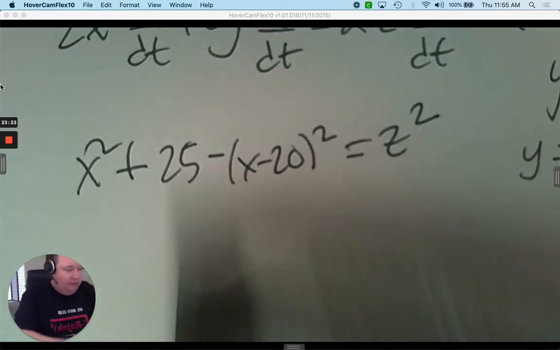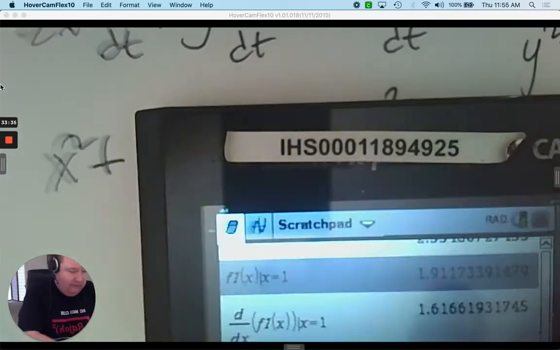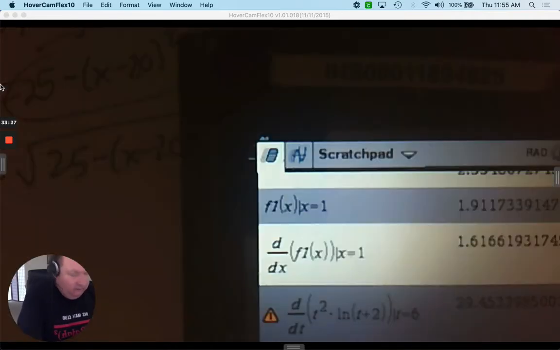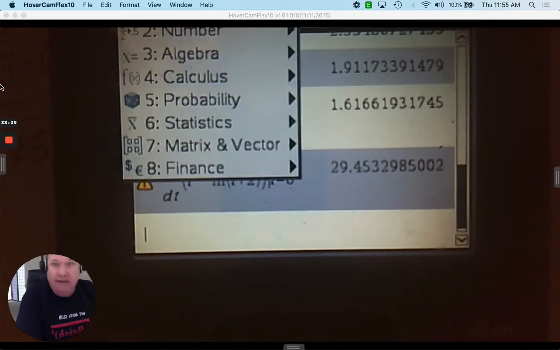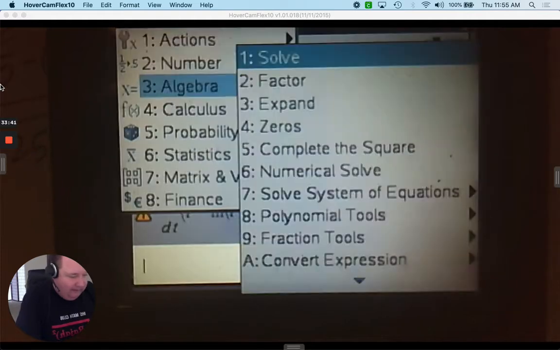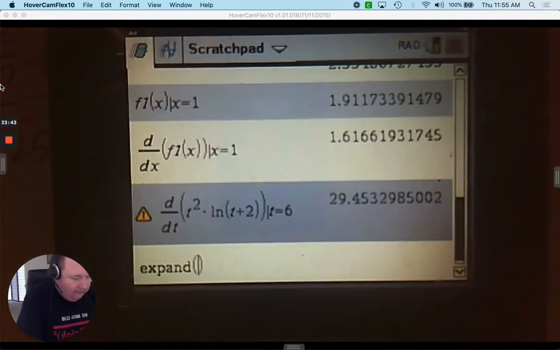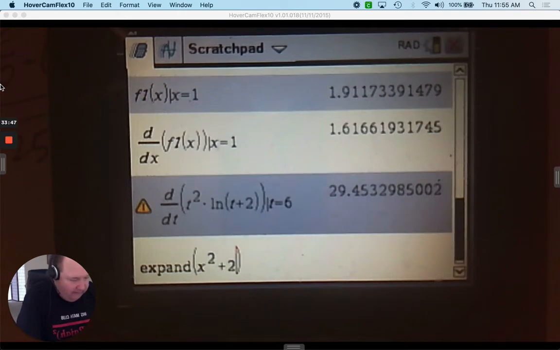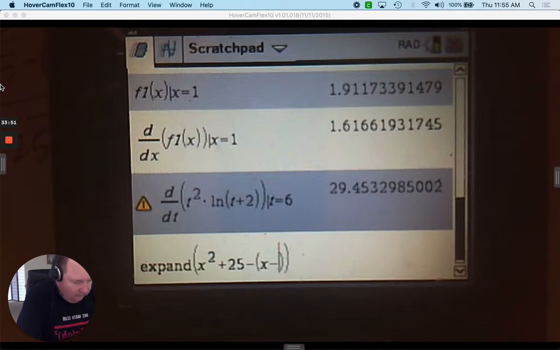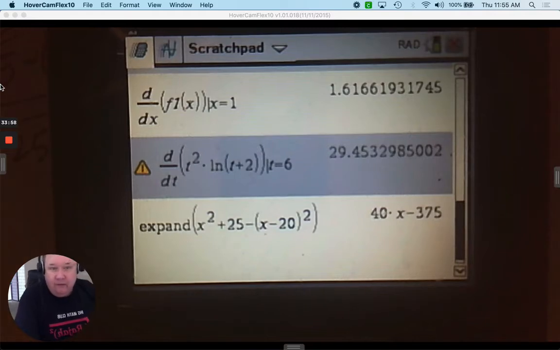If you need to, you can use your calculator to expand this. It's nice to know this function: go menu, go algebra, and expand. So let's do that to begin with. That's x squared plus 25 subtract (x minus 20) squared. If I expand it, I get 40x subtract 375.